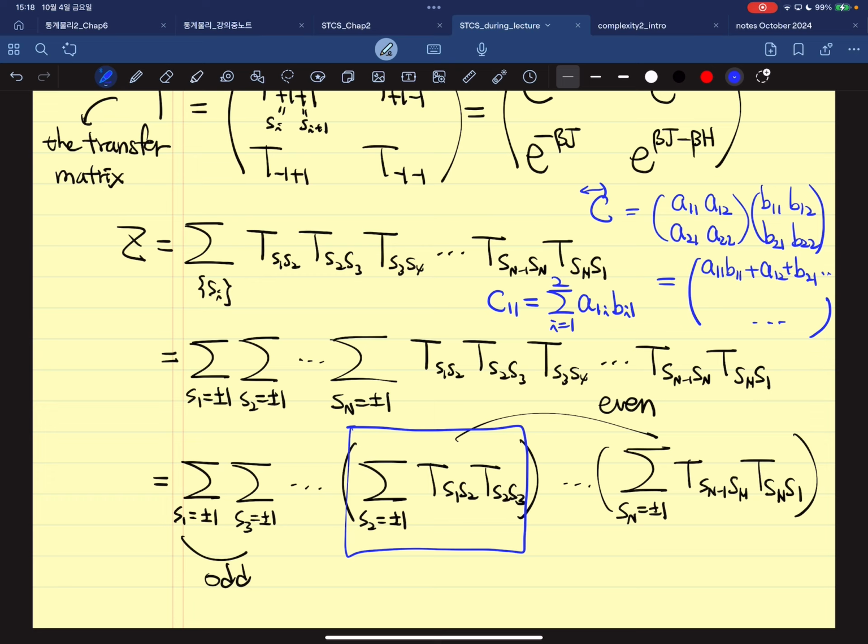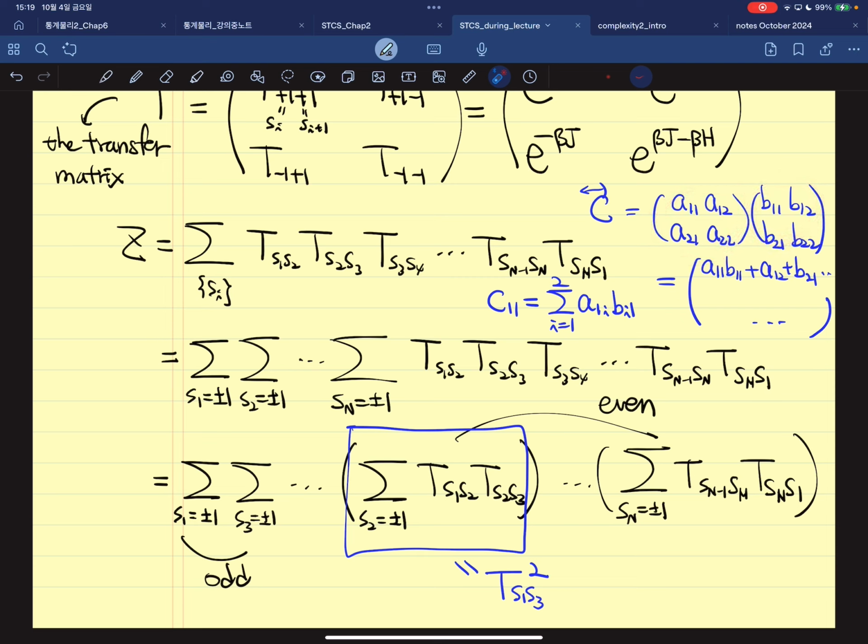So in fact, this particular formula is actually the product of S1, S3, the square of this. You can just replace this B matrix as the same as the A, then we have this one.